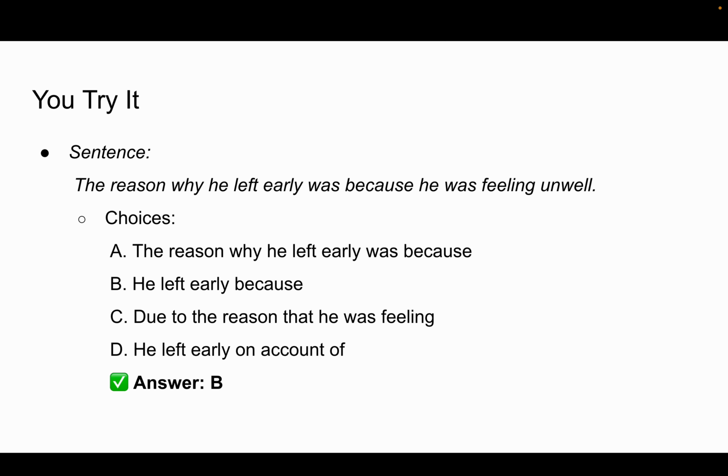The first choice adds extra words. The reason why doesn't really need to be there because there's already a because in the second part of the sentence. He left early because is the shortest, most concise version that keeps the same meaning, and so that's the answer.